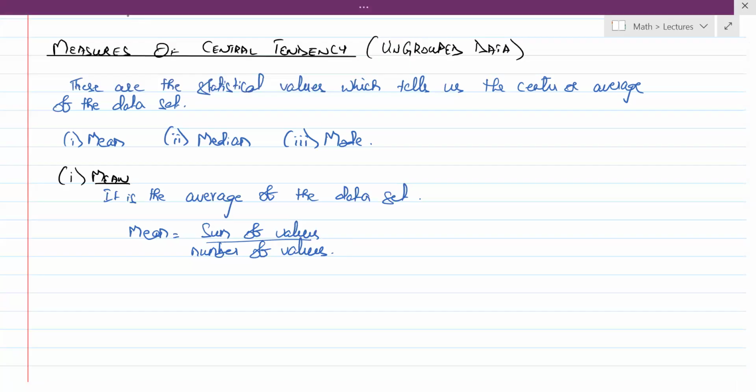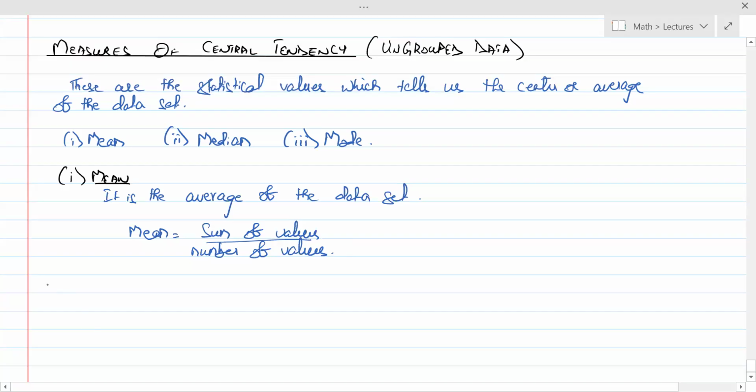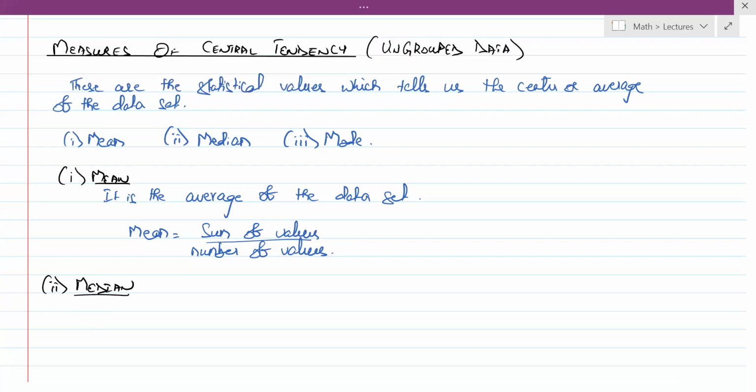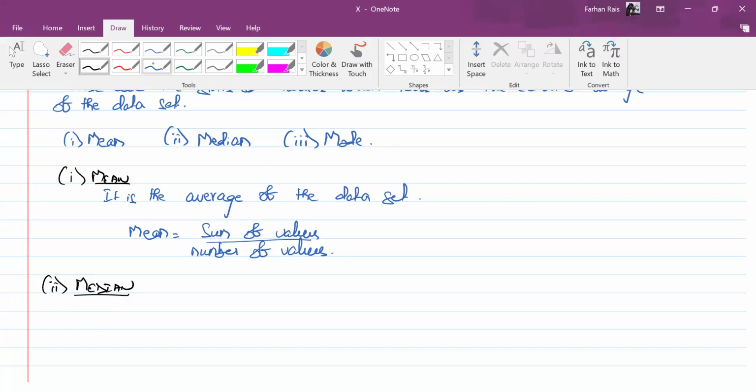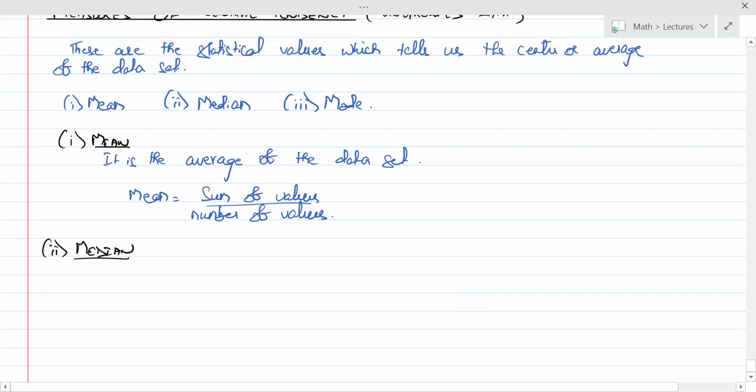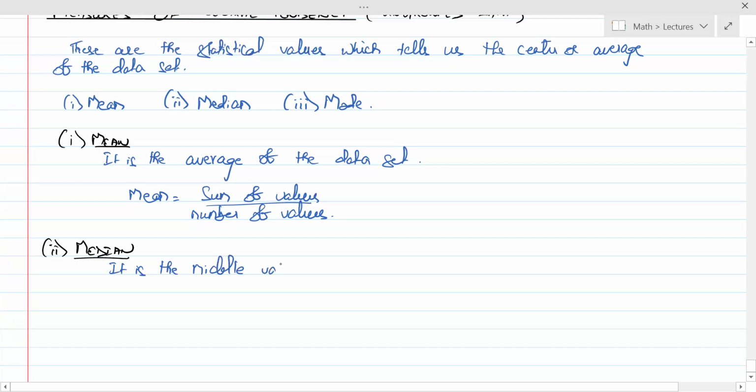Next, we have the concept of median. Median is simply defined as the middle position. It is the middle value. And to have this middle value, we first need to arrange the data in an order.